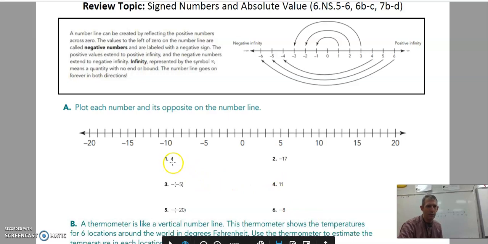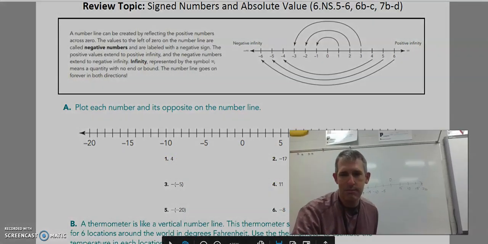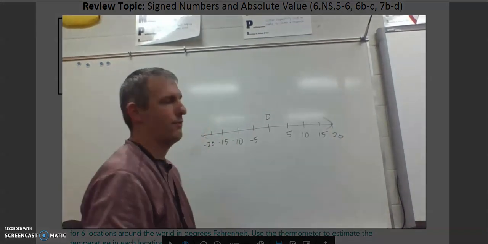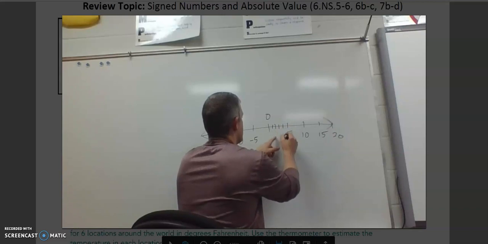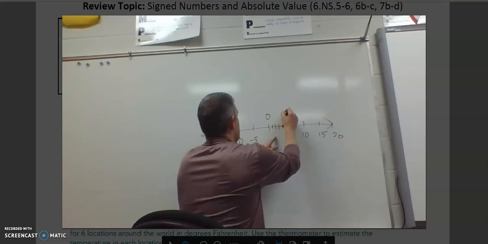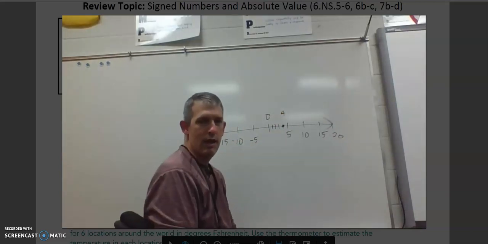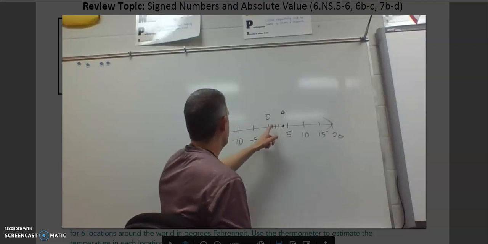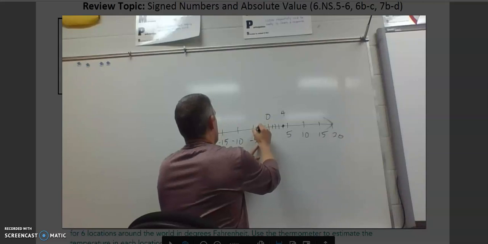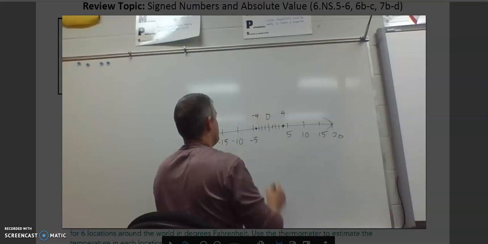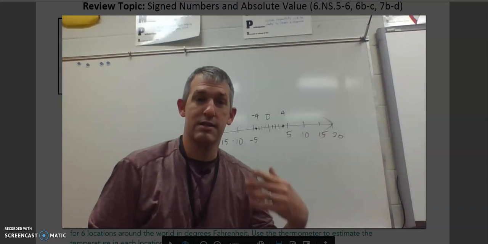So number 1 says plot 4 and its opposite. Let's look for 4. It would be 1, 2, 3, 4, 5. So 4 is going to be right here. I'm going to plot that on my number line. And then the opposite of that is going to be -1, 2, 3, 4 away. This is -4. So we're just plotting a number and its opposite.